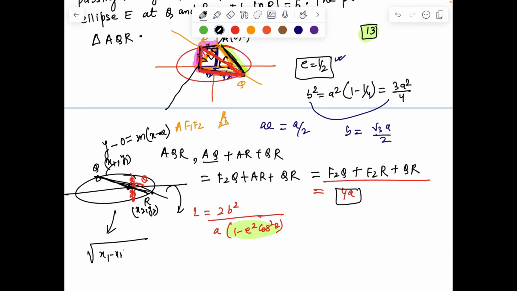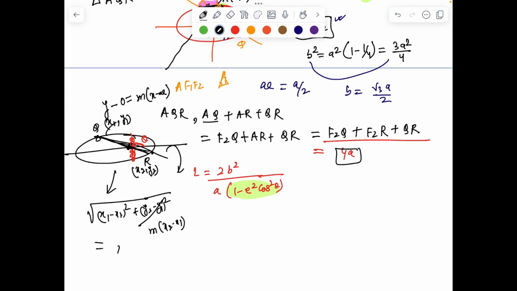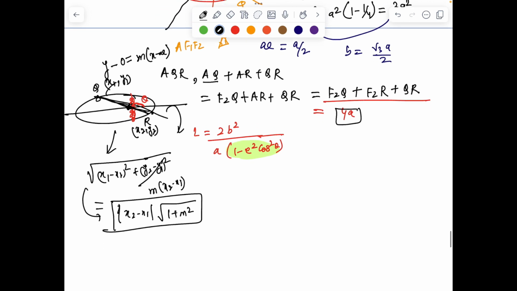So that will be (x1 minus x2) whole square plus (y2 minus y1) whole square. And since y2 minus y1 is nothing but m times (x2 minus x1), this formula reduces to mod of (x2 minus x1) into root of 1 plus m square.